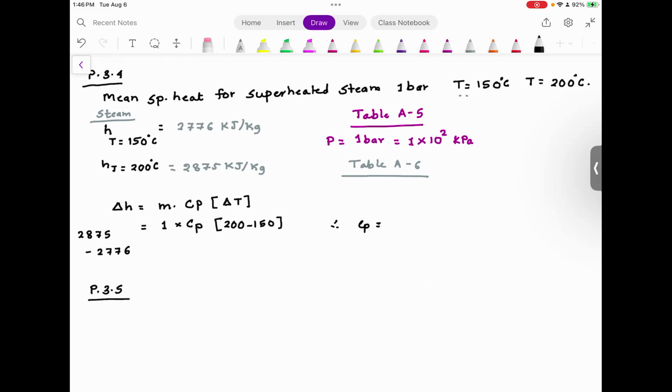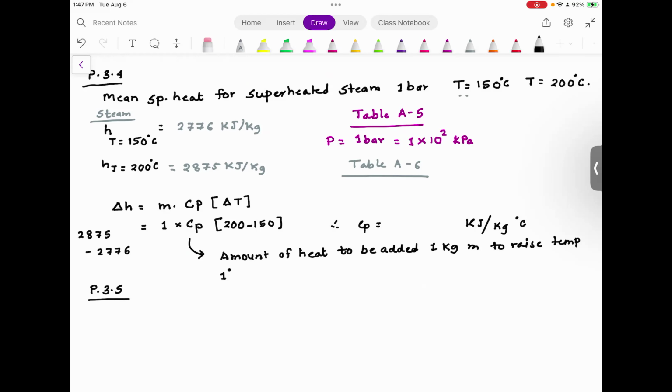Yeah, so basically Cp is given as specific heat. Specific heat unit is kilojoules per kg degrees Celsius. So what is the definition of specific heat? It is the amount of heat to be added to 1 kilogram of mass to raise the temperature by 1 degree.